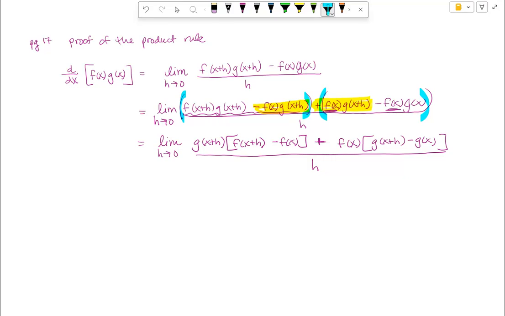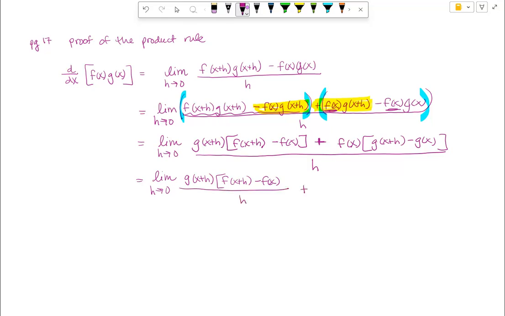All right, now we know that we rewrote this as a limit of a sum, so we could rewrite this as a sum of limits. So I could rewrite this as the limit as h approaches 0 of g of x plus h times f of x plus h minus f of x all over h.